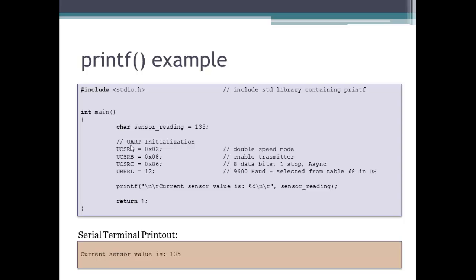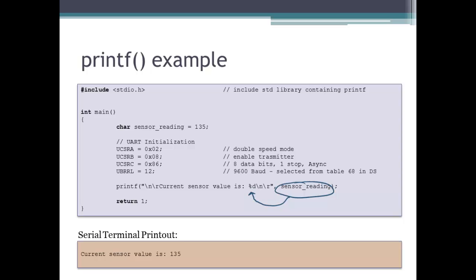The number we're placing there is the sensor reading, and that's placed where the %d sign is. So the value inside sensor reading is in fact placed in the placeholder in the string where the %d sign shows up.